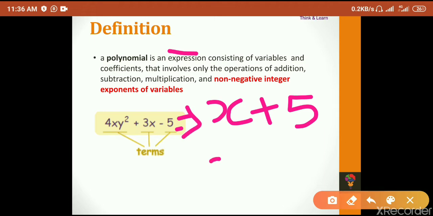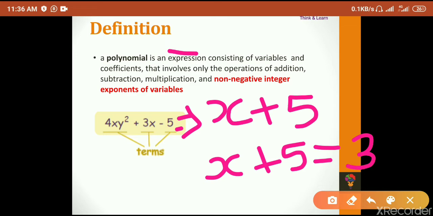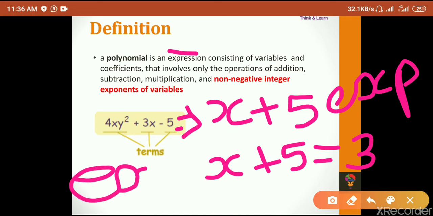But if I write x plus 5 is equal to 3, now when I'm using a sign of equals, then I'm writing an equation. So the first is an expression where you're not using any equals to sign, and this is an equation.